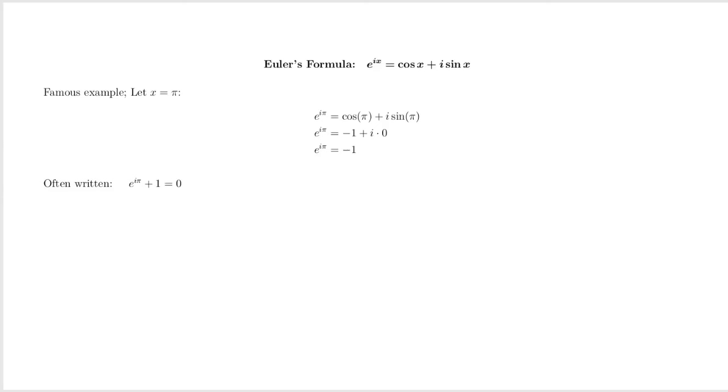And just for entertainment, this little equation, e to the i pi equals -1, is often rewritten as e to the i pi plus 1 equals 0.